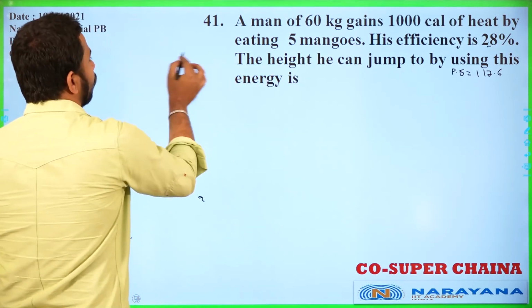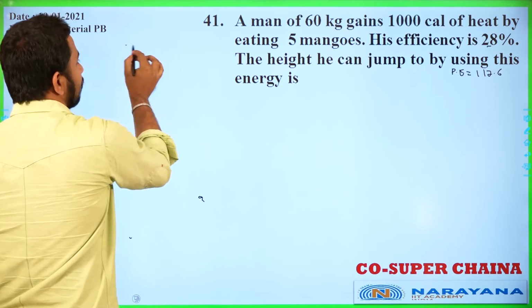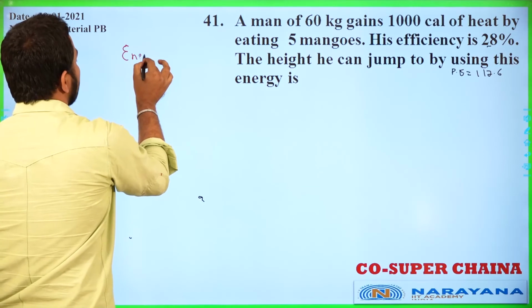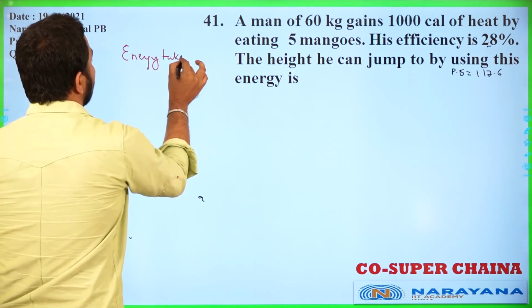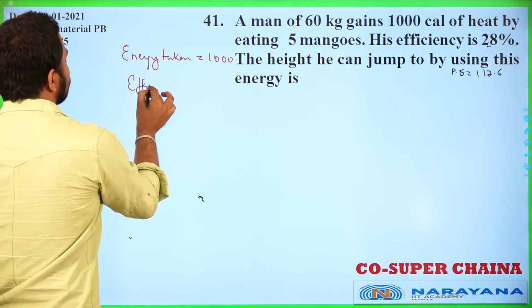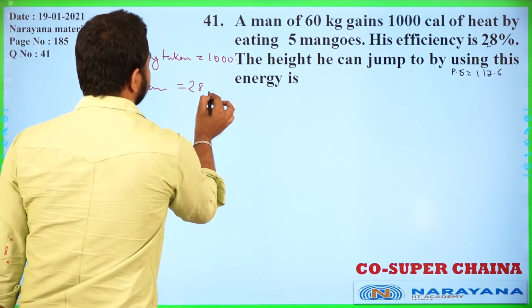So energy taken will be 1000, efficiency is 28%, so the efficient energy we can calculate will be 280.